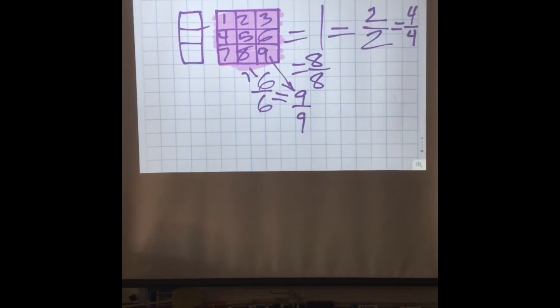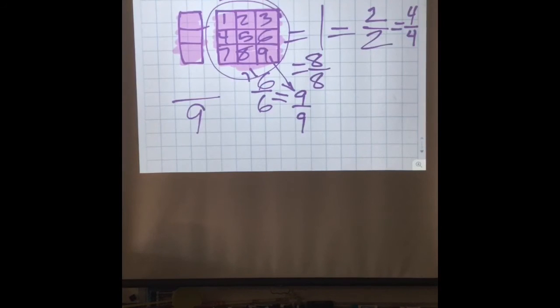How much would I have? How much do I have? 3. I actually now, my whole thing is cut up into what? 9. 9s. But I have more than 1 whole, don't I? Yes.